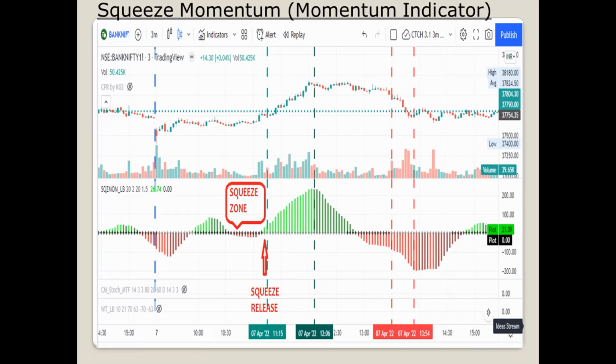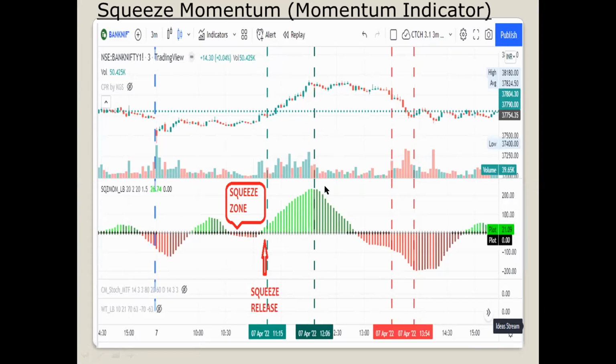At this point, I have put an arrow mark. I think you can see it. Here at this point, there is no black cross. Here the squeeze is released, and we can see there is high volume. The market is going up, and there are green lines, which give a clear indication.